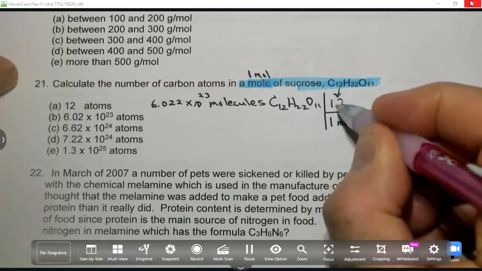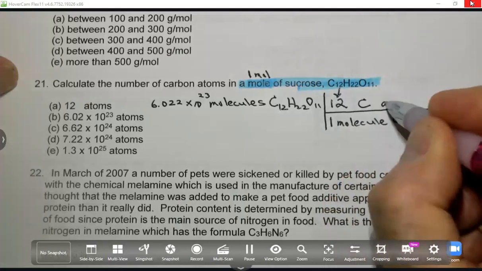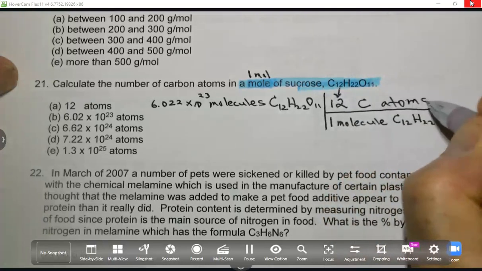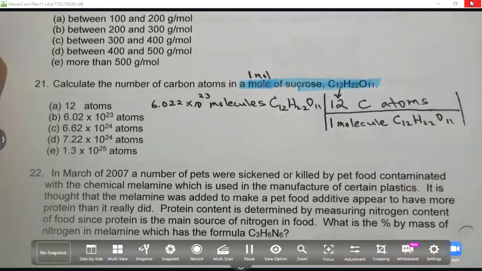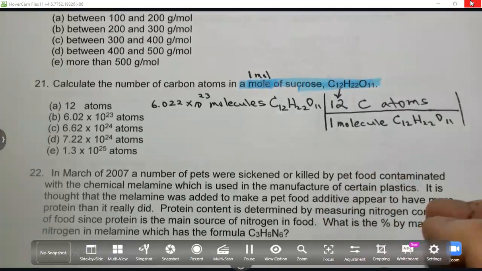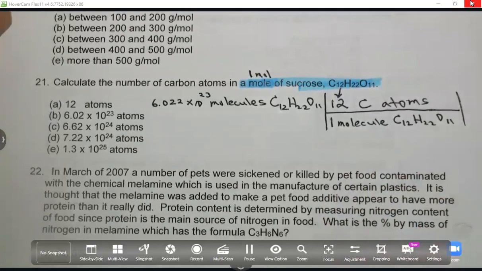Every molecule has 12 carbon atoms. And hopefully if there's an answer there, it's going to work.